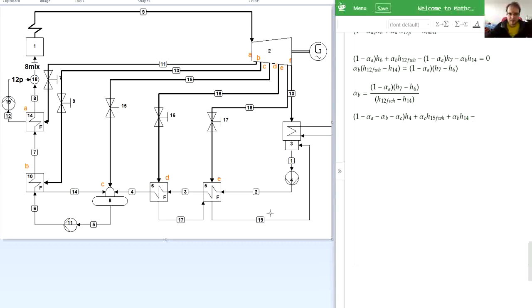And now we have only one outlet, which is the stream number 5 with mass flow rate of 1 minus alpha A and enthalpy H5.